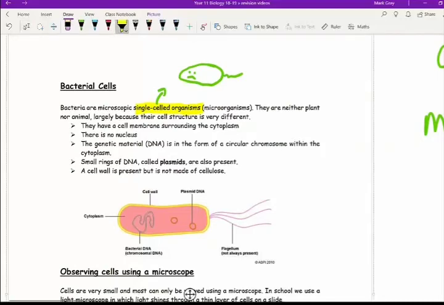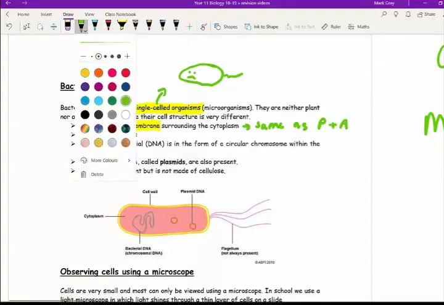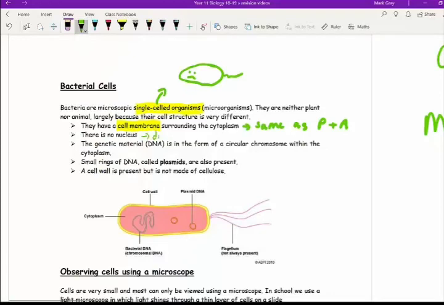Now, if we look at the structure, they've got a cell membrane surrounding the cytoplasm. Now, that was the same as plant and animal. There is no nucleus, so that was actually a difference. The next thing is their DNA.